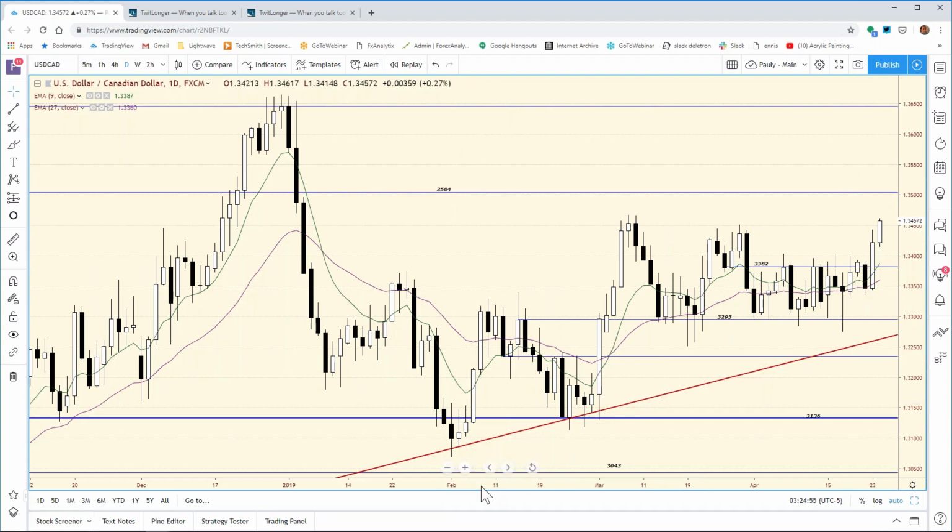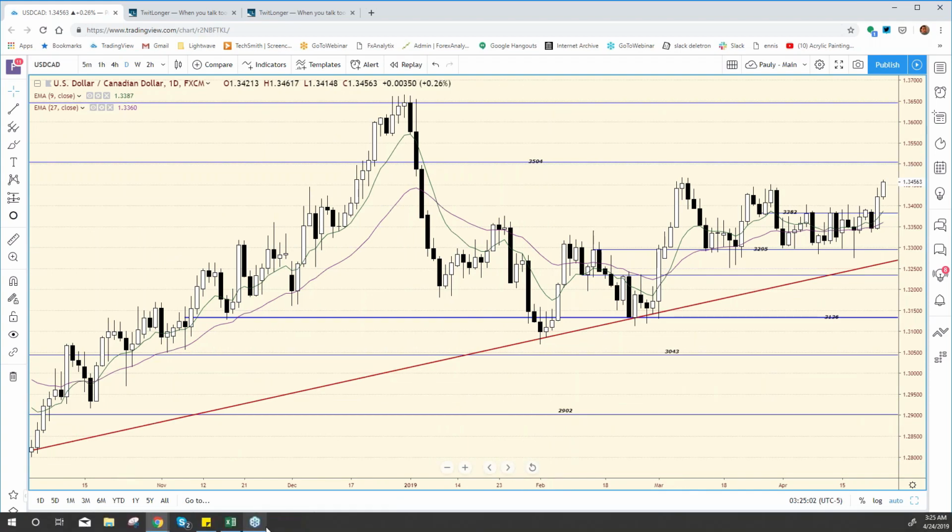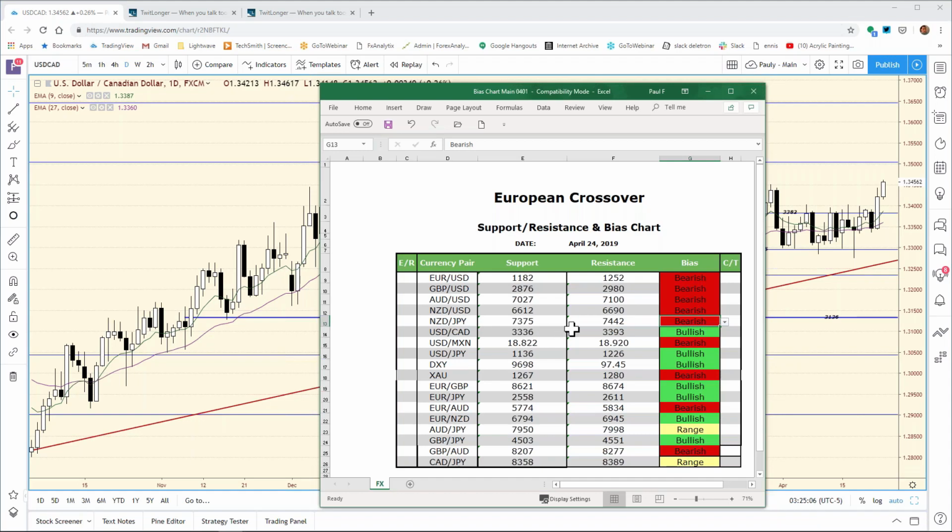So it's going to be right here at 35.04. There's your resistance. This thing is as bullish as all get out.